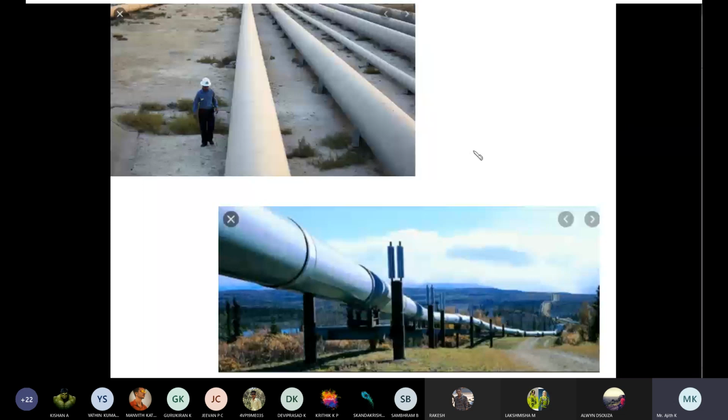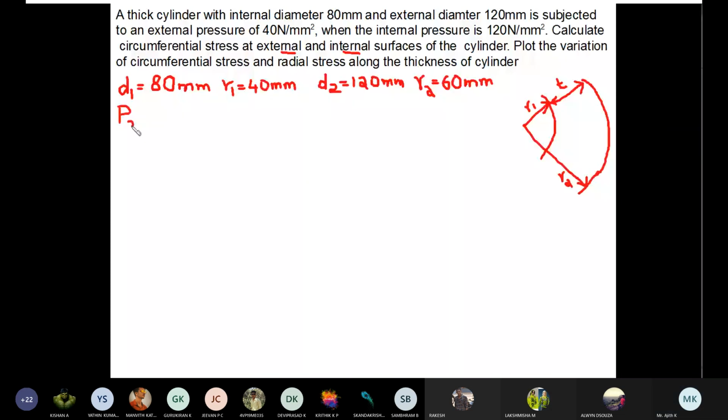Given values are Px at inner radius, internal pressure is 120. That means Px at R1, the value at inner surface, is equal to 120 Newton per mm square.